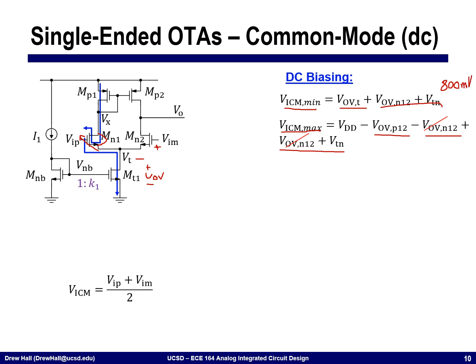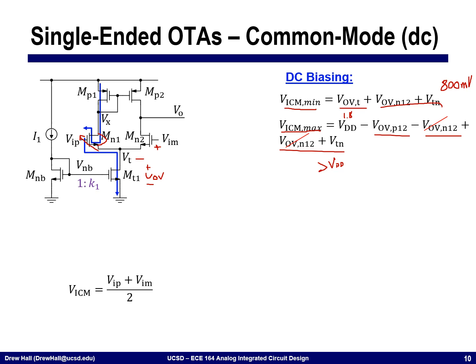On the high side, we have 1.8 volts, minus 150 millivolts, and then plus 500. This actually puts us at greater than VDD. So 1.8 volts minus 150 millivolts, and then we're going to add 500 millivolts on top of that.